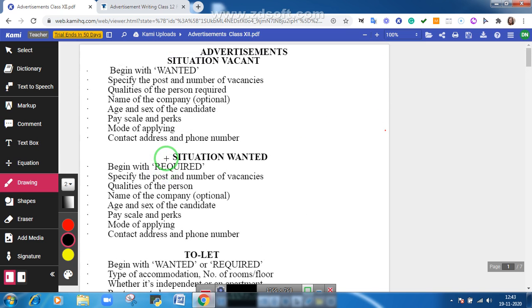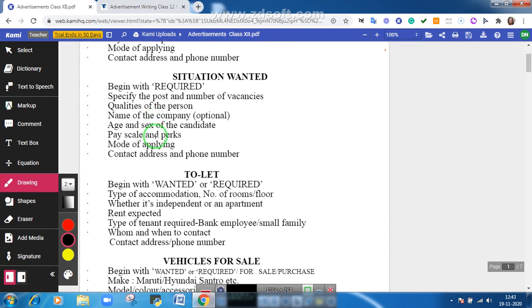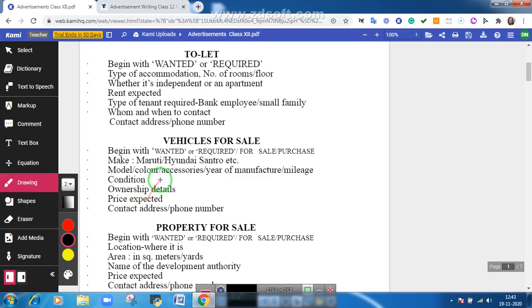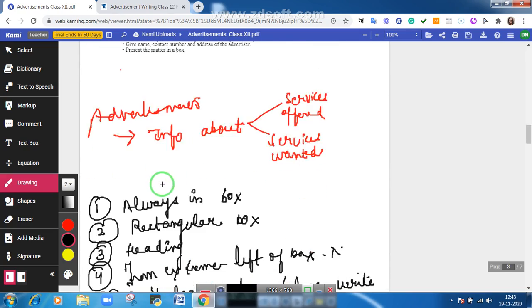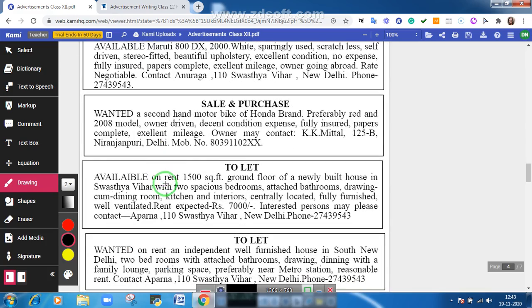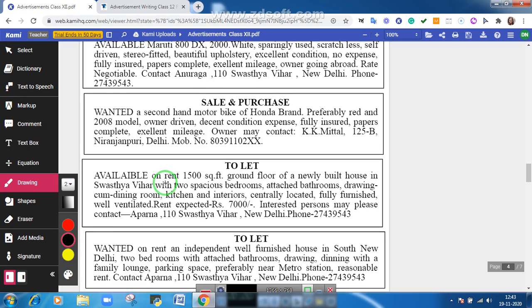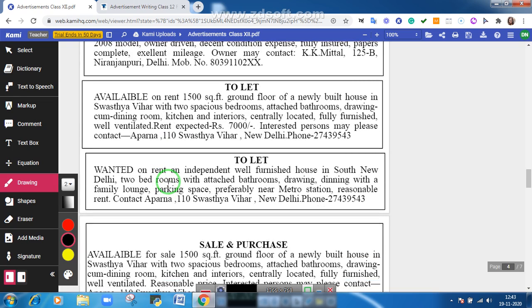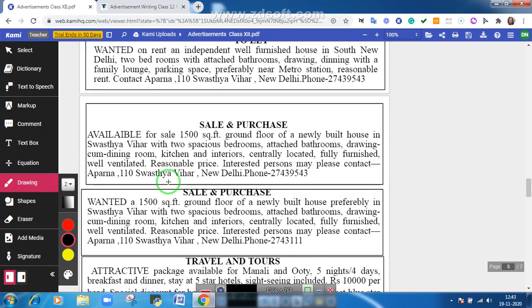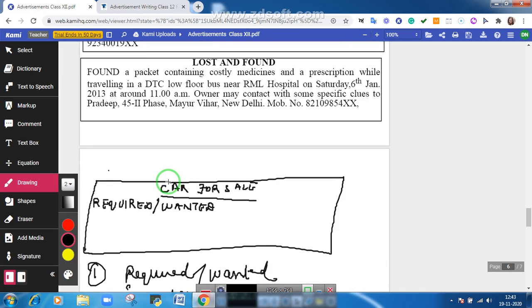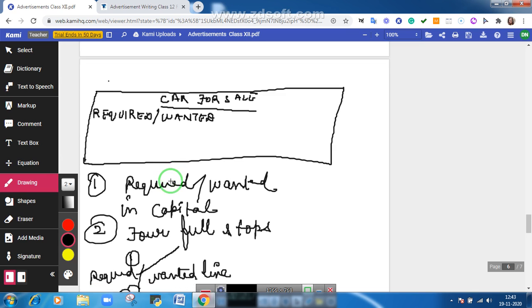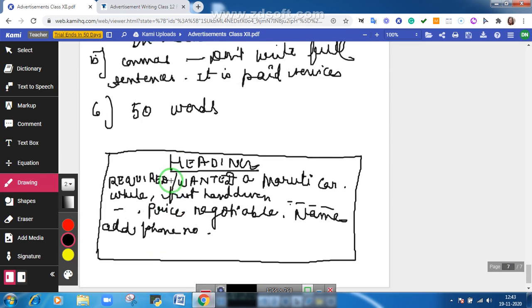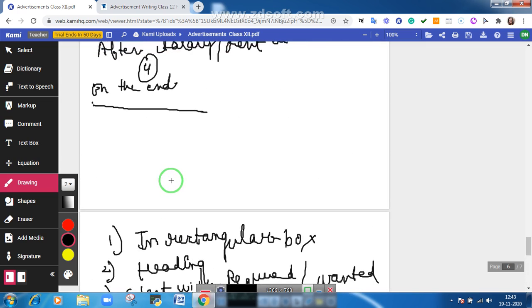I have given you specifications also. For vacant, what all you have to write, for wanted, what you have to write, for vehicles, what you have to write, for property, what all you have to write. Everything is written here. Every specimen is given here. You just have to go through, just learn all these specimens so that you'll be able to write it very well after that.